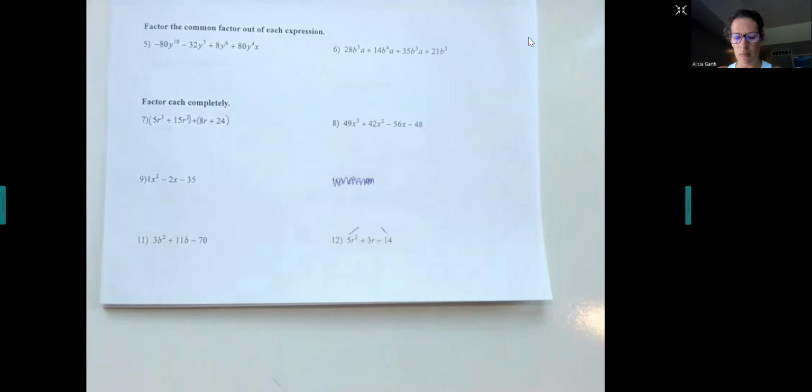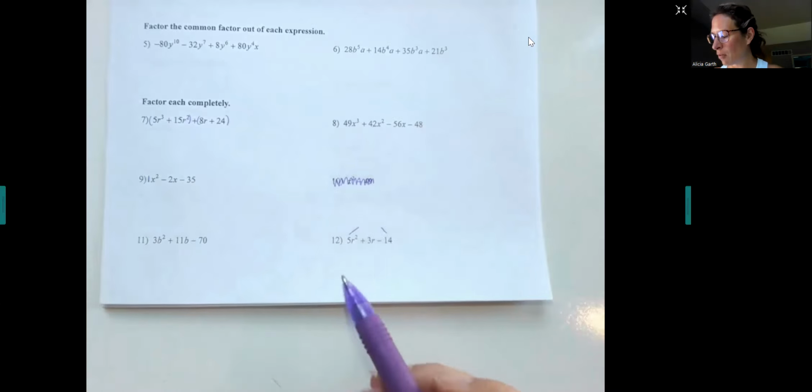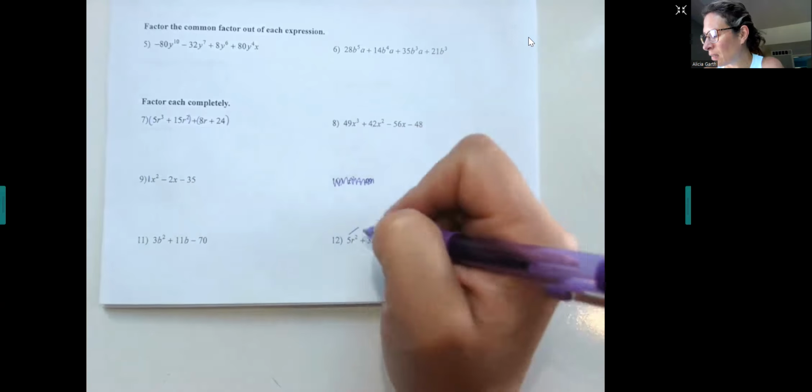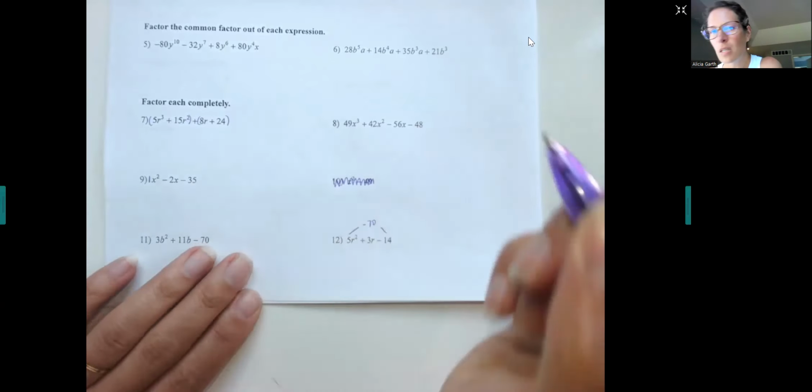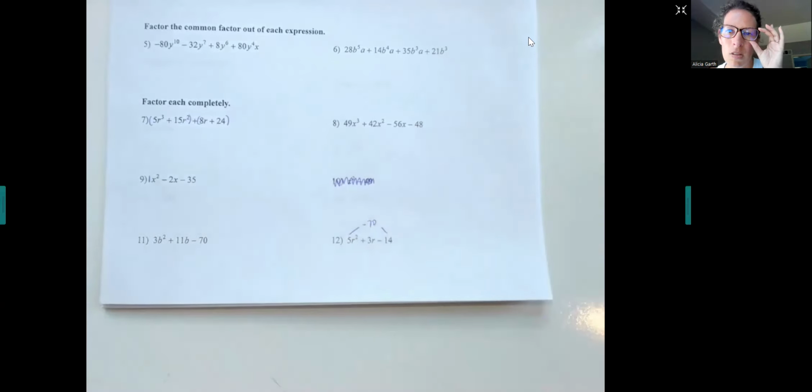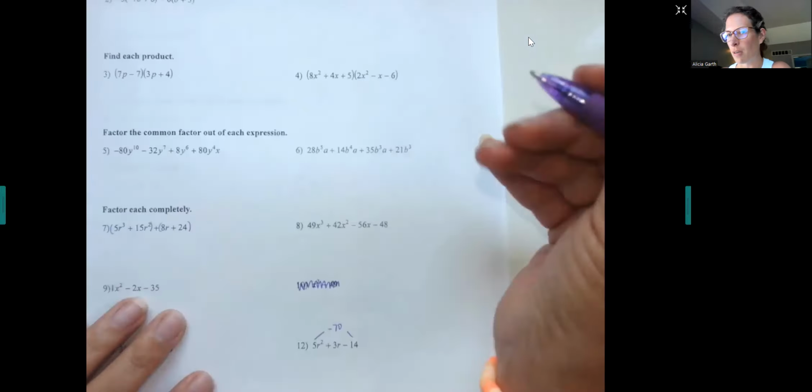So 5 times 14 is 70. Now notice that's a negative 14, so it's a negative 70.